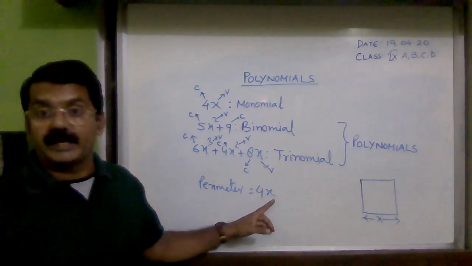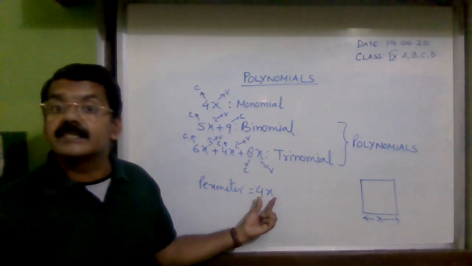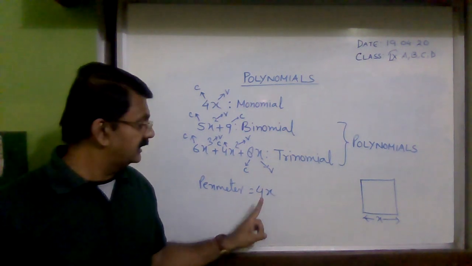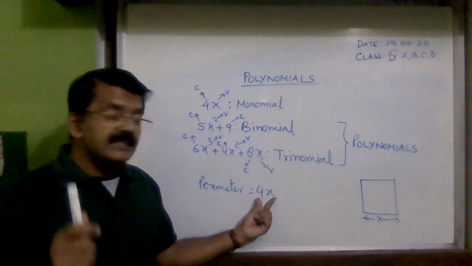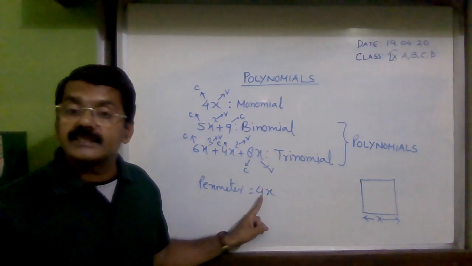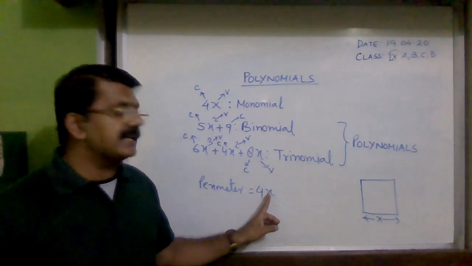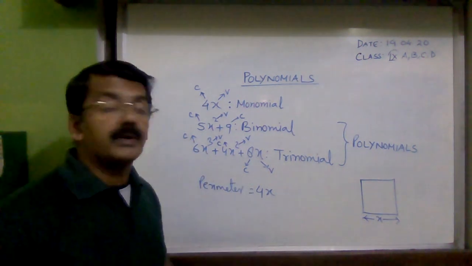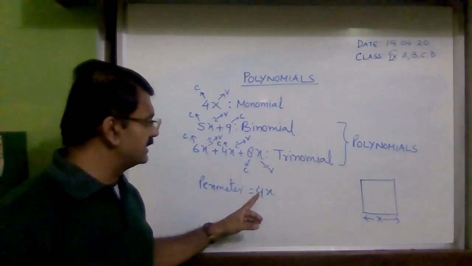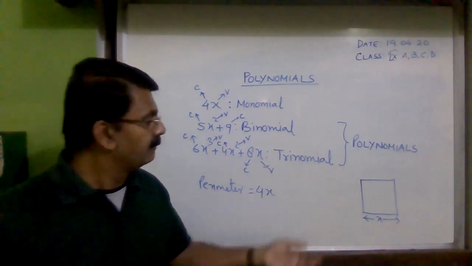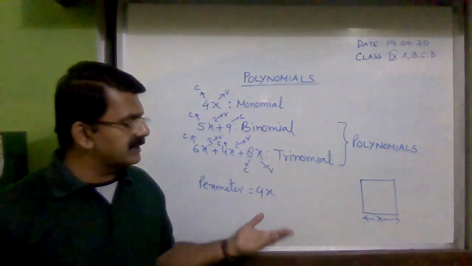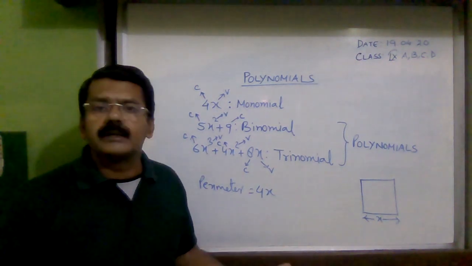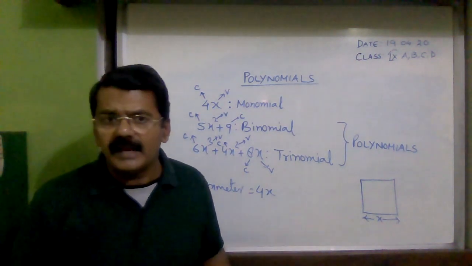Now in this 4x, obviously this is a monomial because it has only one term, and in this expression 4 is the constant part and x is the variable part, because the value of 4 remains the same throughout, whereas the variable may change. The length of the side of the square may be 2 cm, 3, 5, 10, 20, any number.